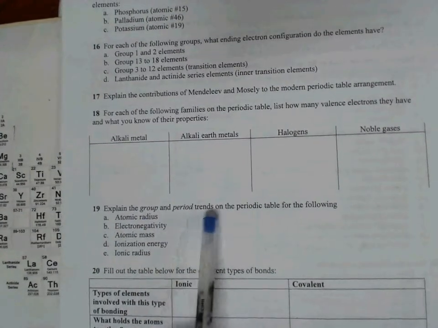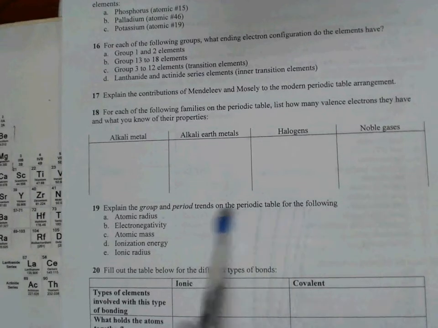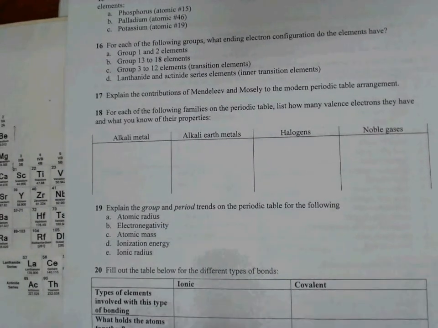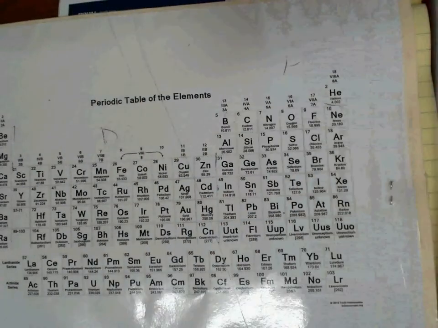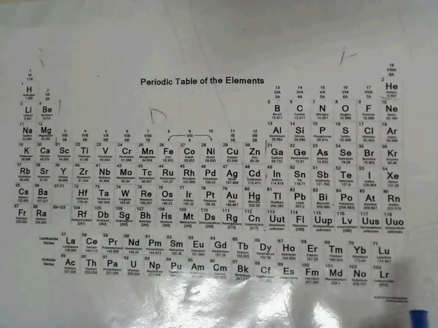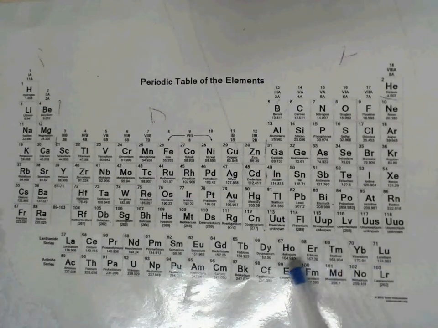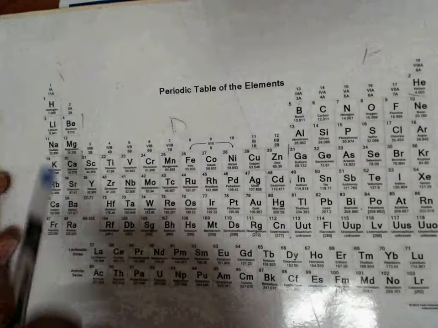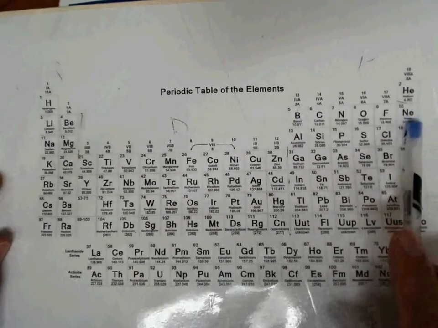Let's look at question 19. Explain the group and period trends in the periodic table for the following. So atomic radius, we talked about this. Atomic radius is how big is the radius of your atom. As for group trend and period trend, it wants to talk about them going down and going across.